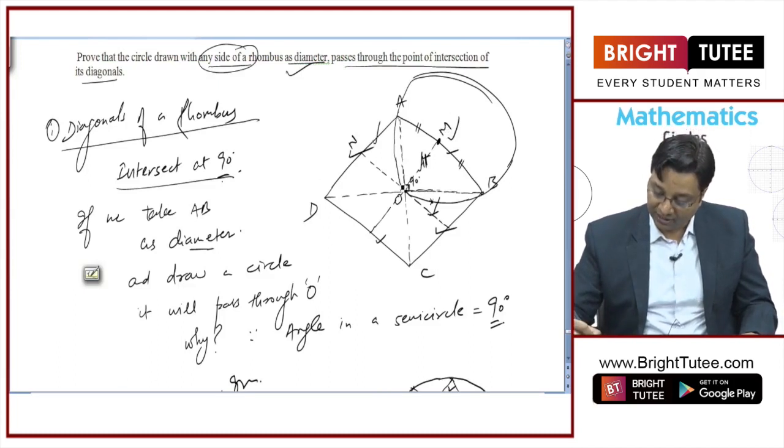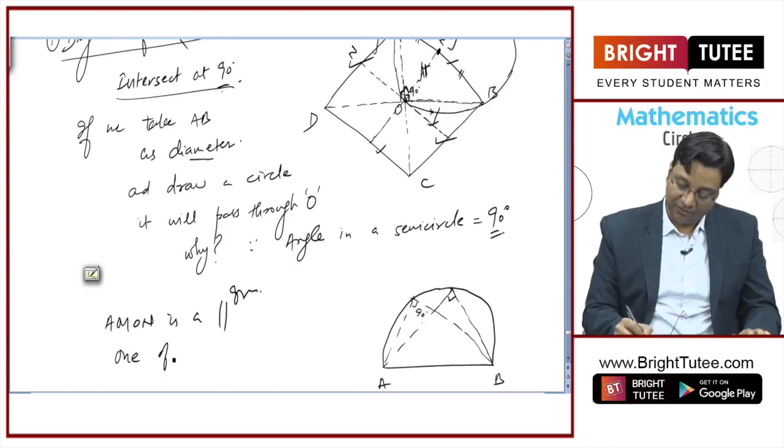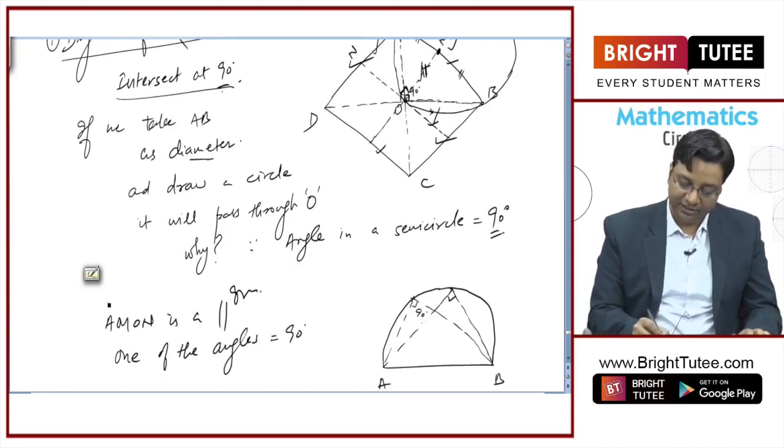Now one of the angles of this parallelogram is equal to 90 degrees.